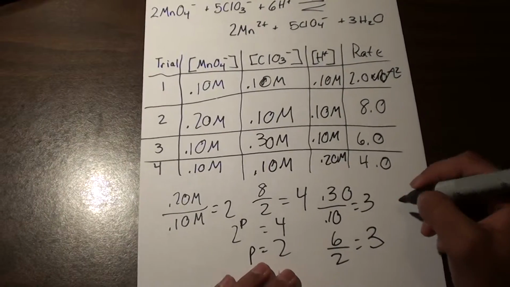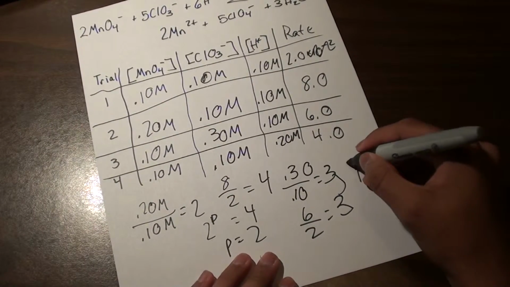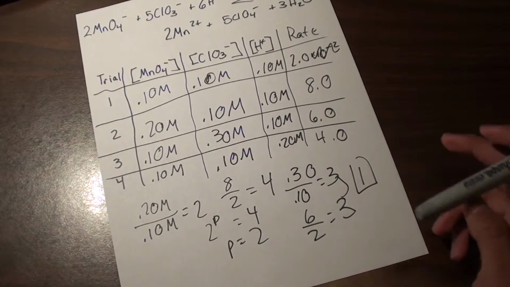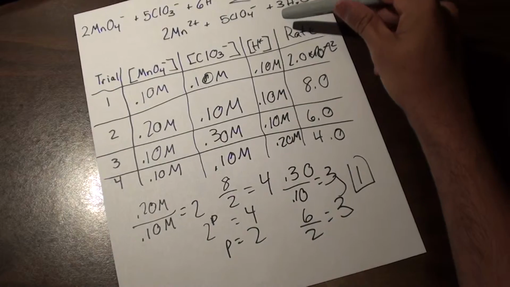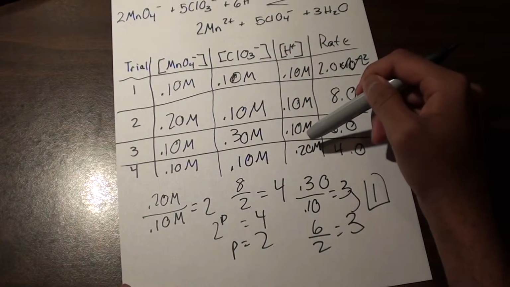Because these match up, you know that it is first order. And then for the hydrogen ions, the change occurs in the fourth trial.